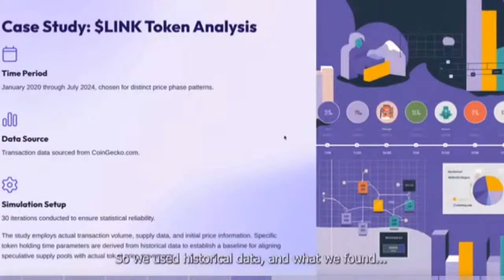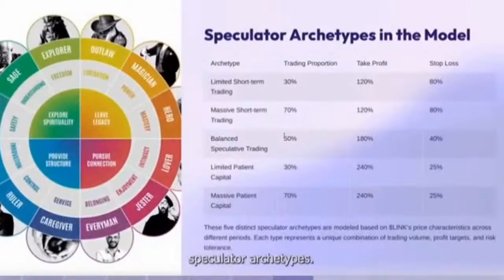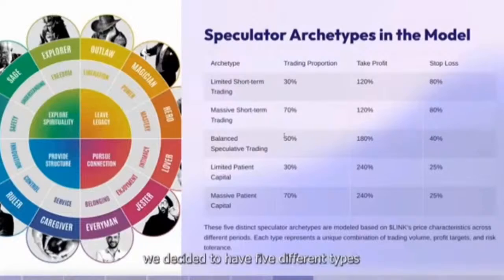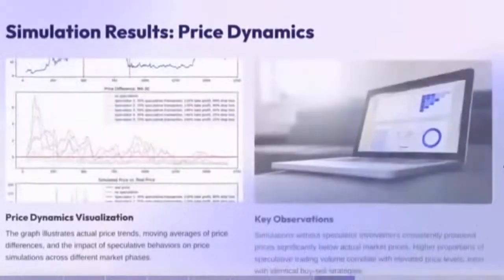We also used different speculator archetypes. We decided to have 5 different types that trade using different styles, different take profit thresholds, and different stop loss thresholds. And again, all these are behaviors that you can also observe in real crypto markets.